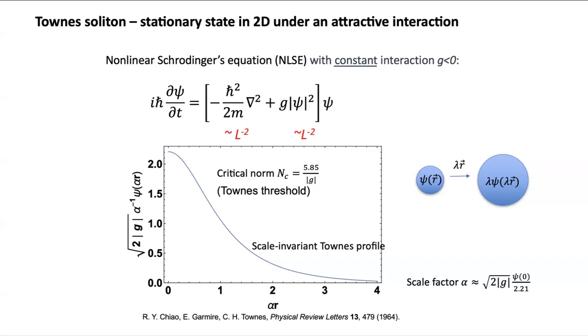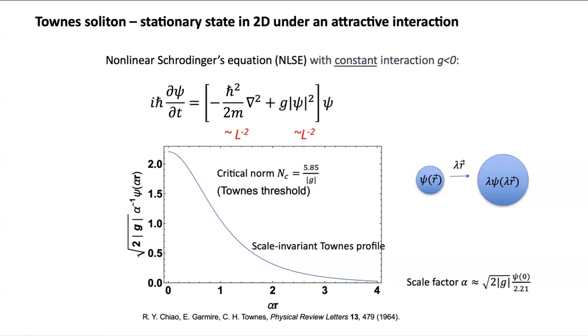So there's only one specific solution that can exist as a stationary state, and it's called the Townes profile. It has to be a very specific profile, and it has a very specific atom number within this profile to form a stationary state.